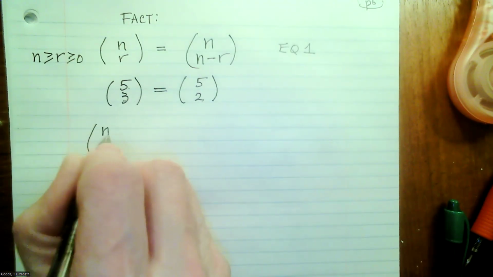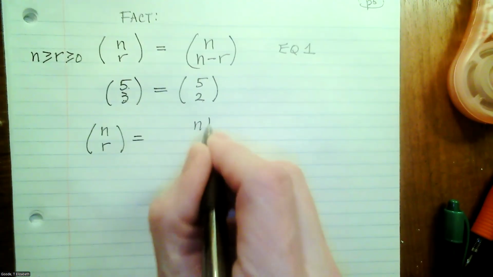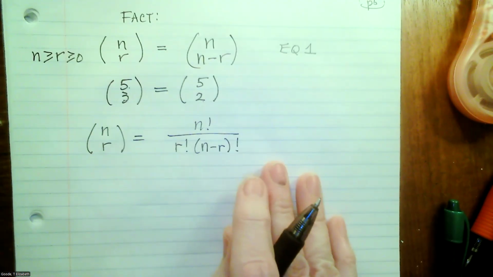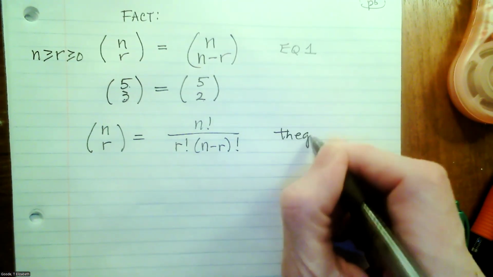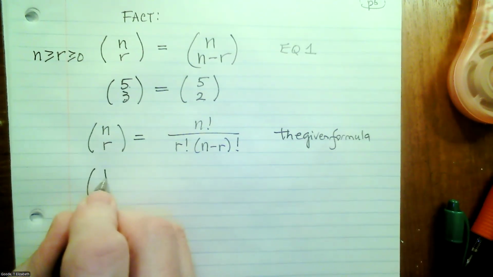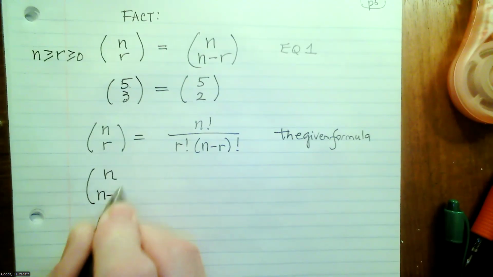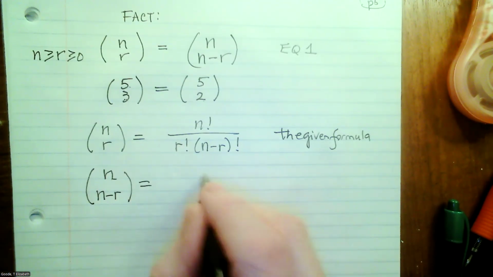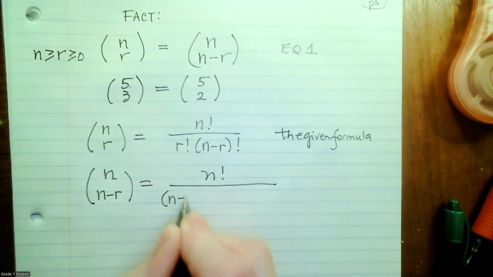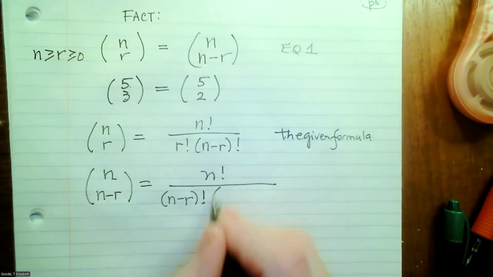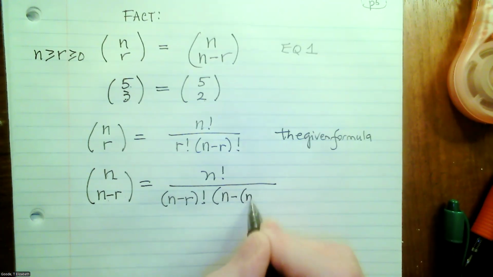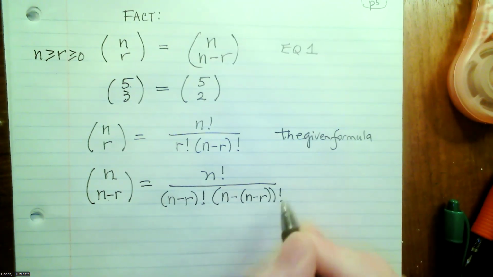All right, so n choose r by definition is n factorial over r factorial times n minus r factorial. We'll just leave that because that is the given formula for n choose r. Well, we'll apply the same given formula to n choose n minus r. So it's the top one factorialized over the bottom, which is n minus r factorialized, times n minus (n minus r) factorialized, right?